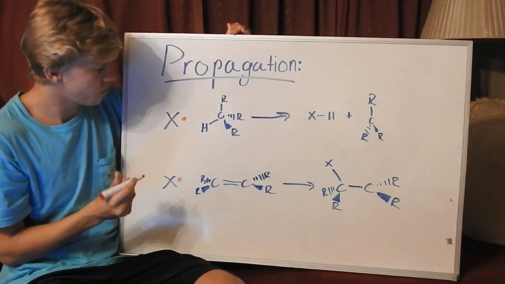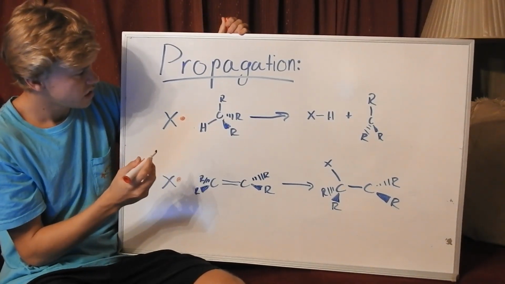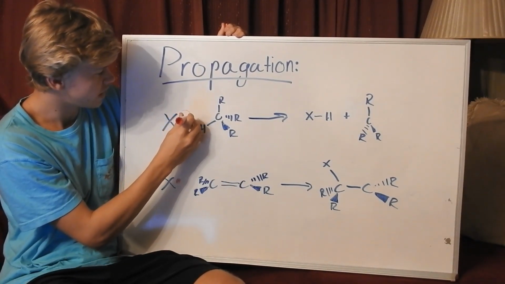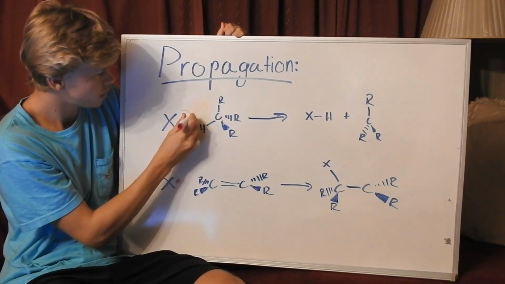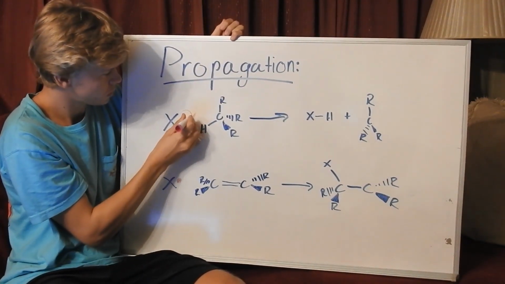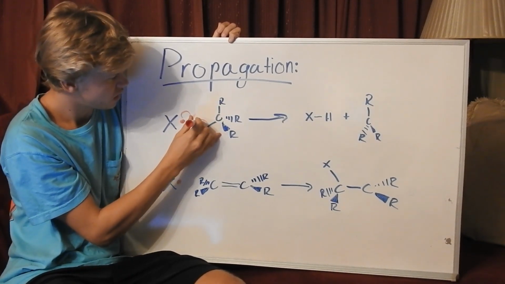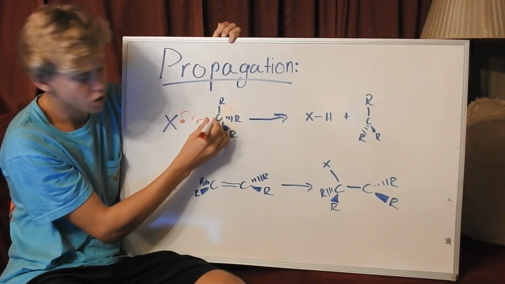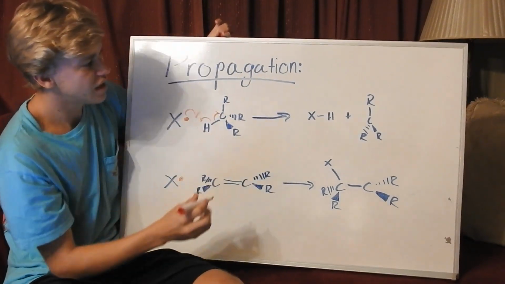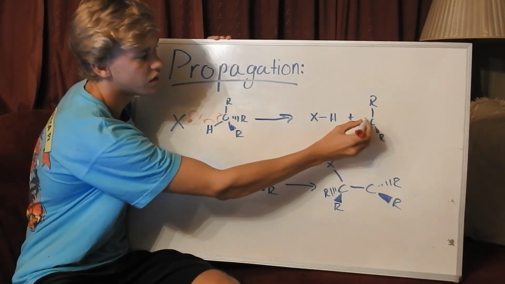So as we can see in a couple of these examples, I will start drawing the arrows. So the first one, we have our radical right here, and then this one will go on to there, and then we'll end up with this product with our radical being on the carbon.